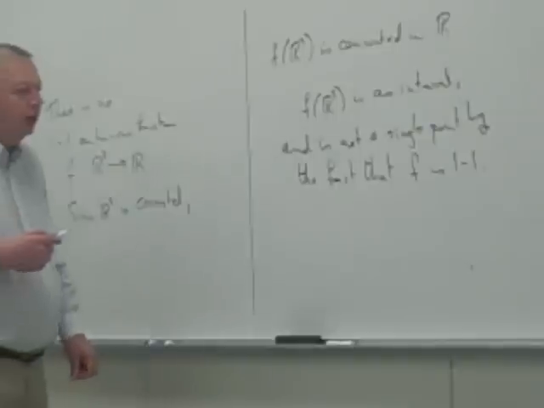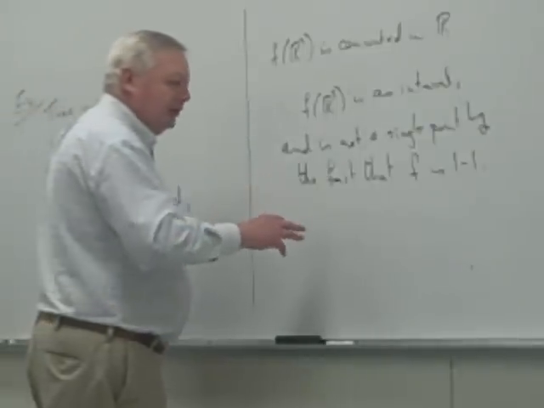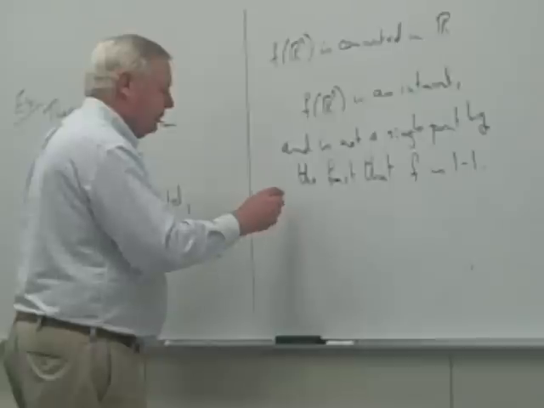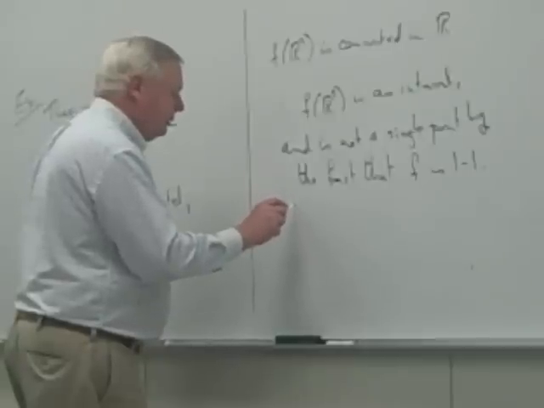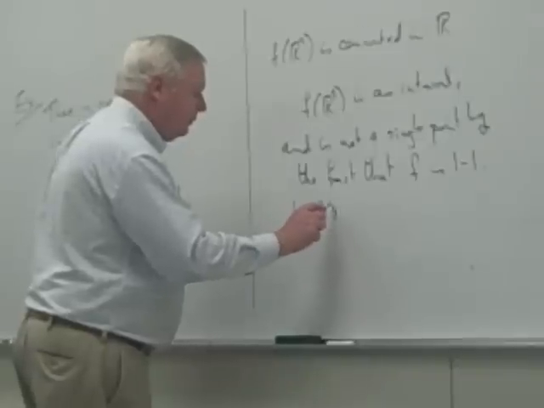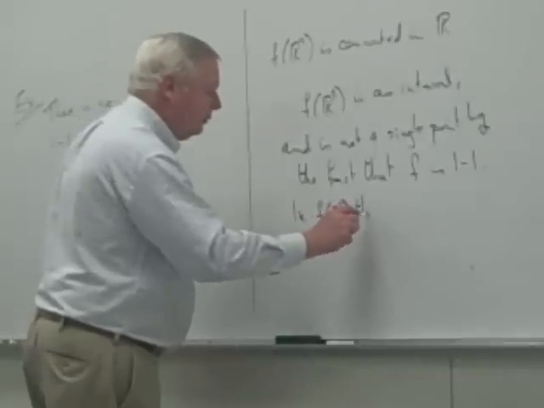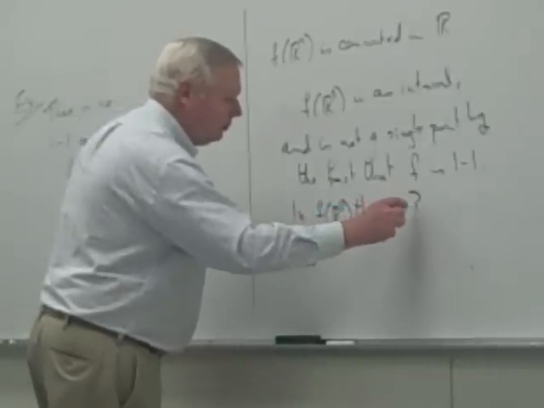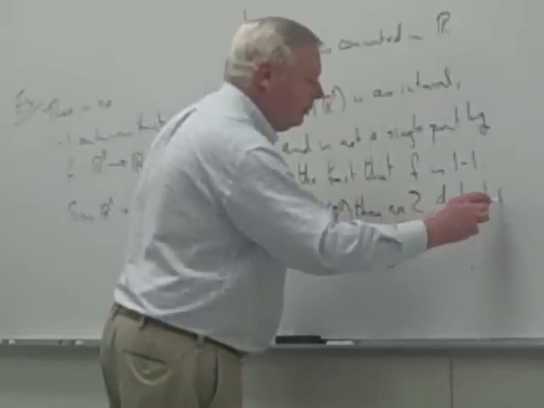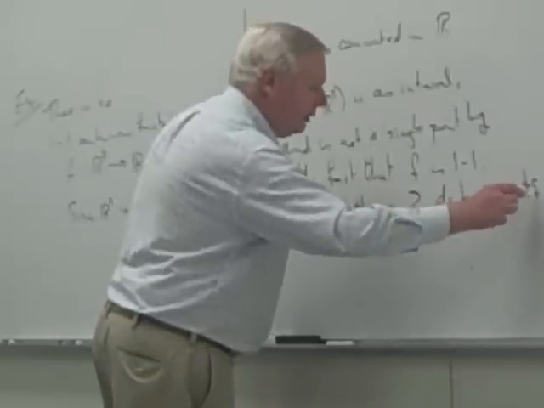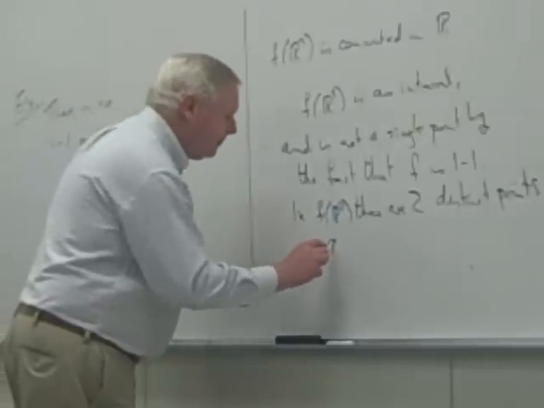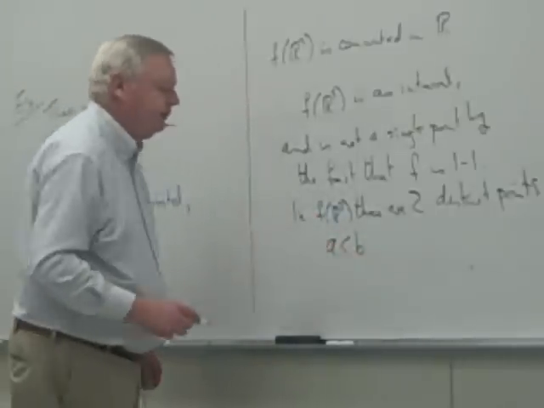Okay, so that means there are at least two distinct points, many more, but at least two distinct points, A less than B.